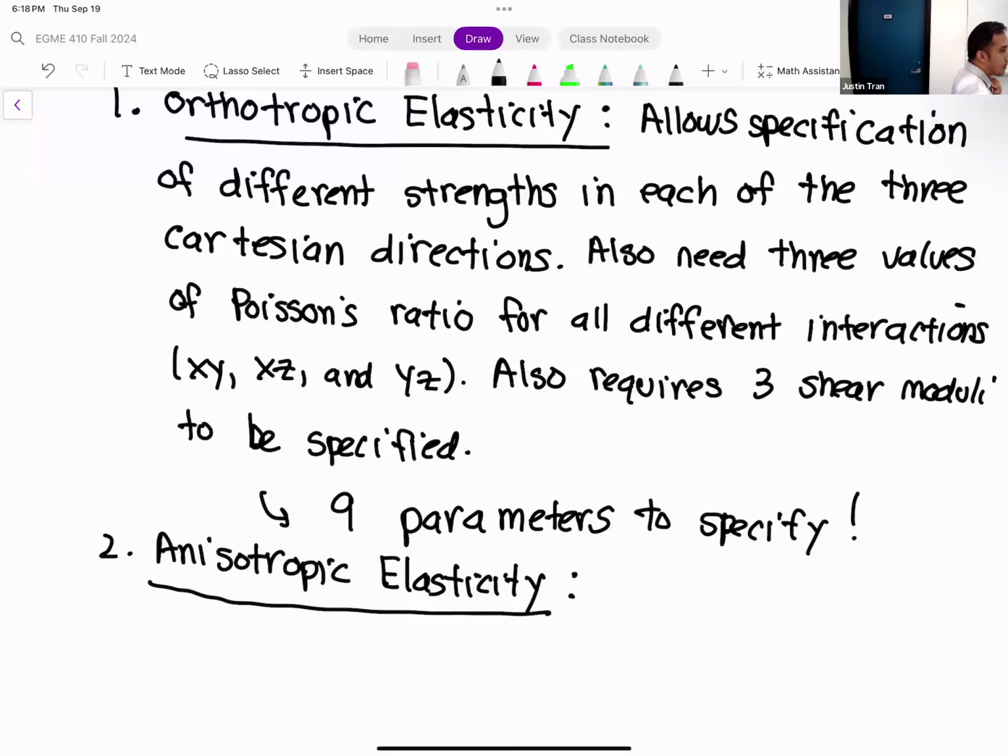Orthotropic elasticity is a generalization of isotropic, where some of the assumptions that we use in isotropic elasticity are lifted. But even with orthotropic elasticity, there are still a significant amount of assumptions that we make in the governing equations. Anisotropic elasticity is the most general framework, so no assumptions have been made about the behavior of the material.